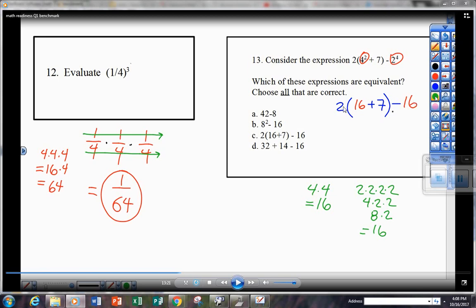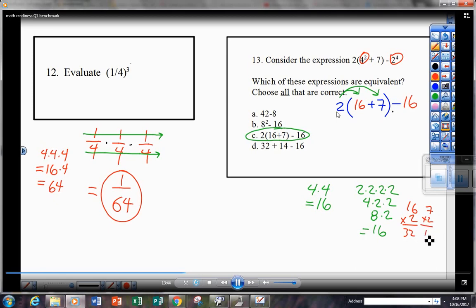I left everything else alone. So that is my first choice right there, which is C. My next step on this problem is to take that and distribute it. So I'm going to take 2 times 16 and 2 times 7. 2 times 16 gives me 32. 2 times 7 gives me 14. Remember, you have a calculator to use.